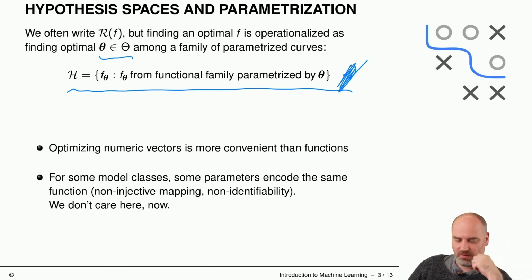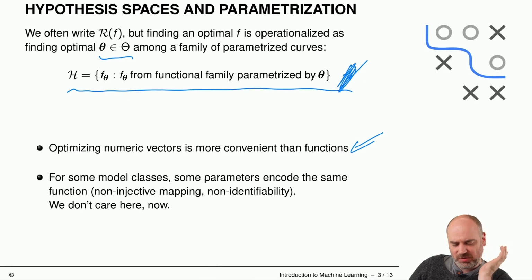Yeah? And the reason why we're doing that is because very quickly we want to operationalize what we mean by learning. Learning means empirical risk minimization, at least in a practical sense. And that means we don't really want to optimize over spaces of functions. Could do that theoretically, and maybe gradient boosting is doing this a little bit more.